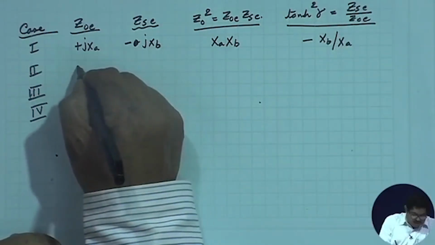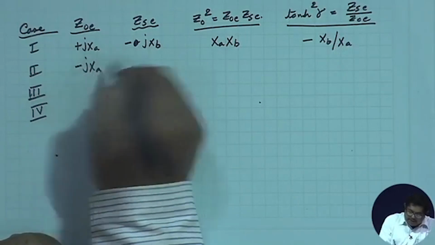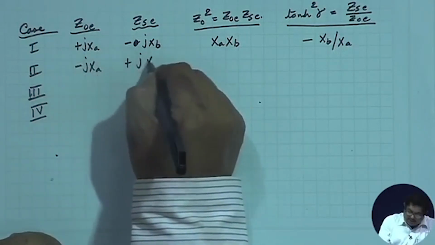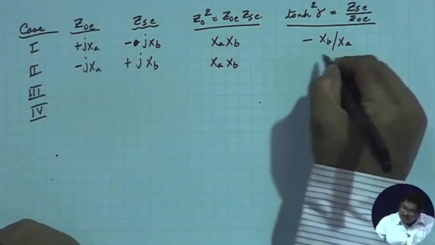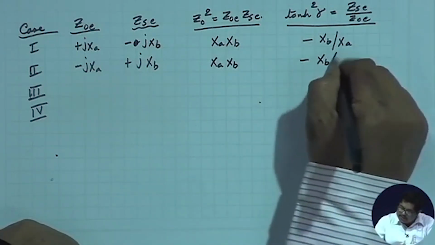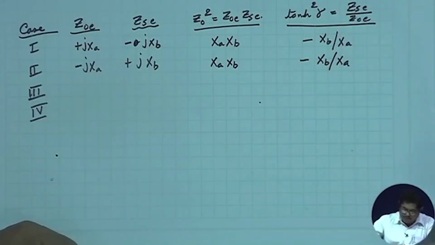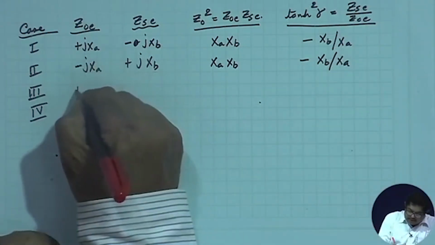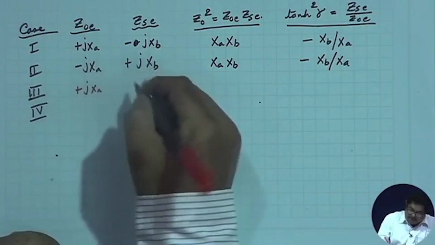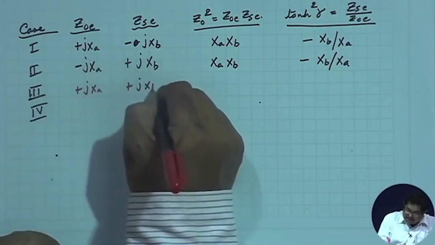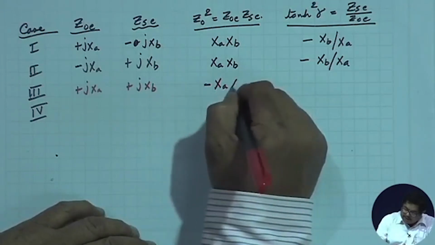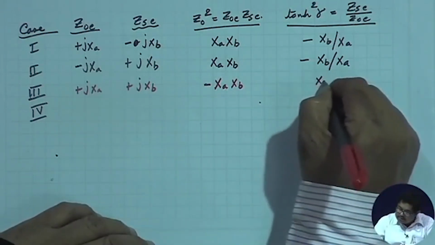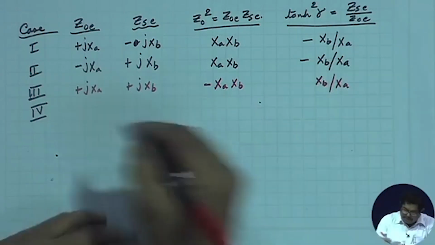Case 2, this is minus jXA, this is plus jXB, this will be XAXB, this will be minus XB by XA. This is plus jXA plus jXB, this is minus XAXB, this is XB by XA.